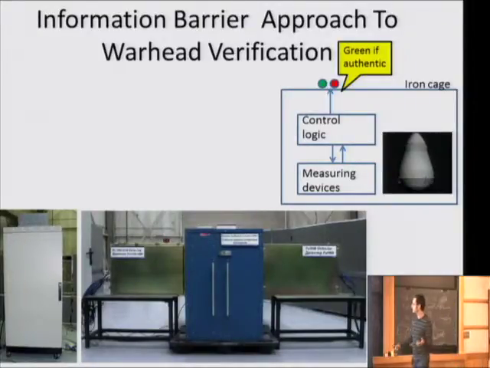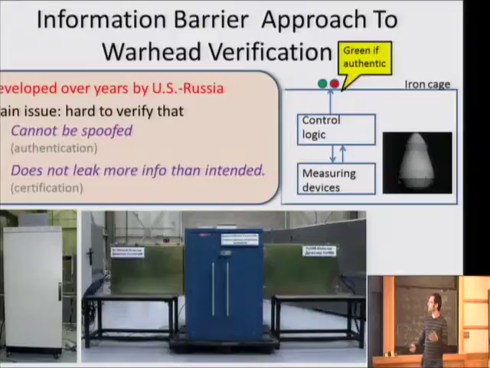And this is just an example of some machine like that people have built. I don't know if you can see here, but the labels are both in Russian and in English, so it will be fair to both parties. In joint work with the US and Russia, people have developed these technologies. The main issue is that you have this very complicated machine, and you want to verify two properties.